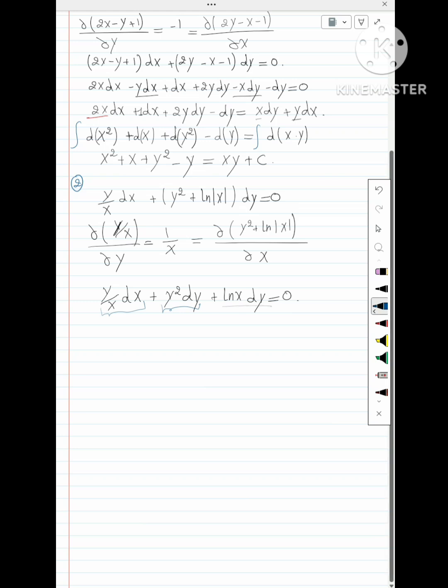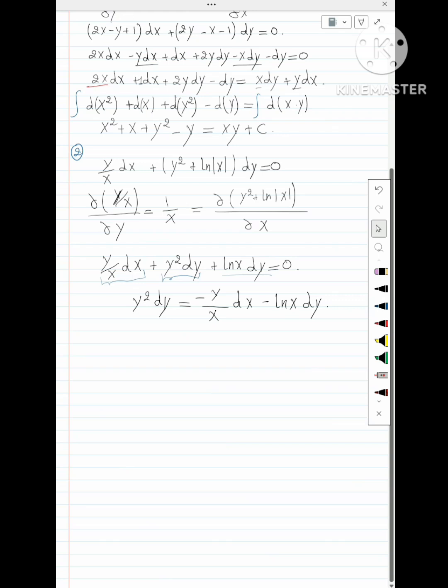So we need to move it to the other side. What we will get is y squared dy is going to be equal to y over x dx minus ln x dy.